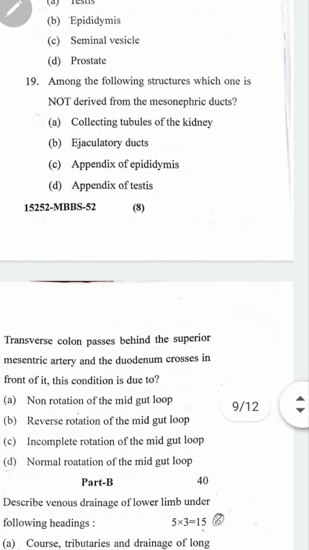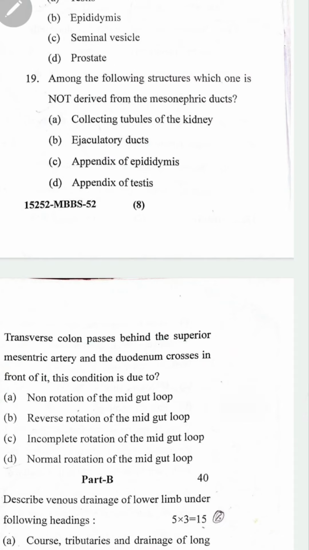Then question number 19. Among the following structures, which one is not derived from the mesonephric duct? So remember, what does the mesonephric duct develop? It's actually the drainage or collecting apparatus of urine from the kidneys, right? I'm just quickly revising the mesonephric ducts.